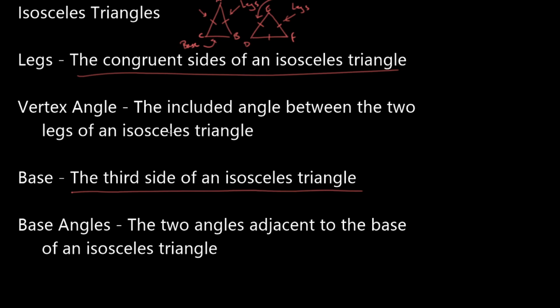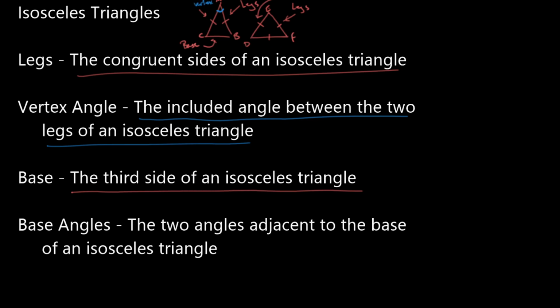We can also name these angles. The vertex angle is the angle that's included between the two legs of the isosceles triangle. So in this case, this would be my vertex angle here.